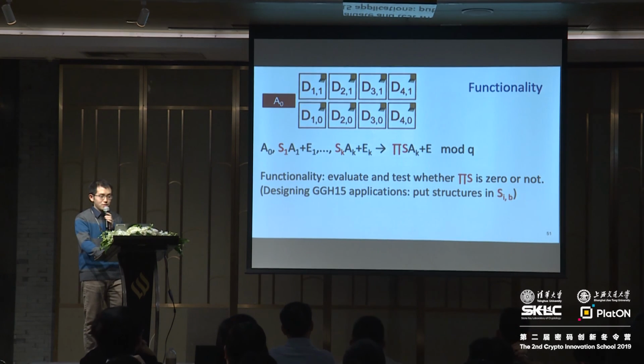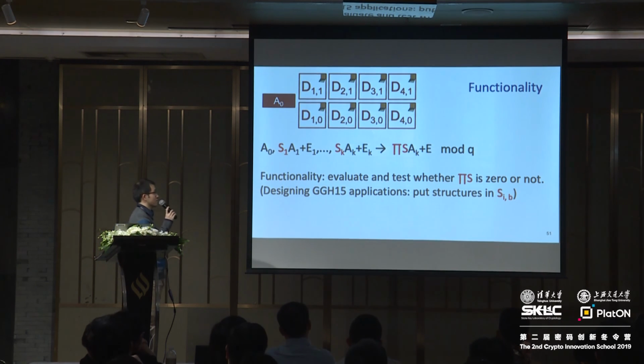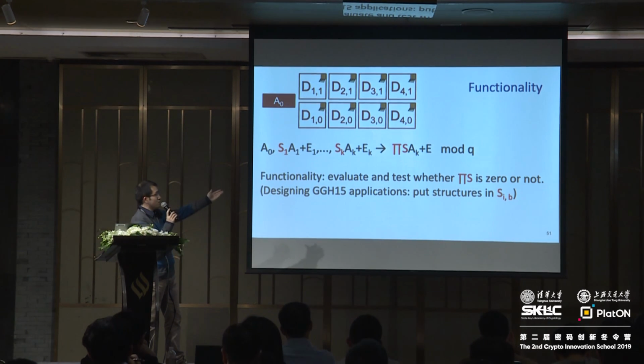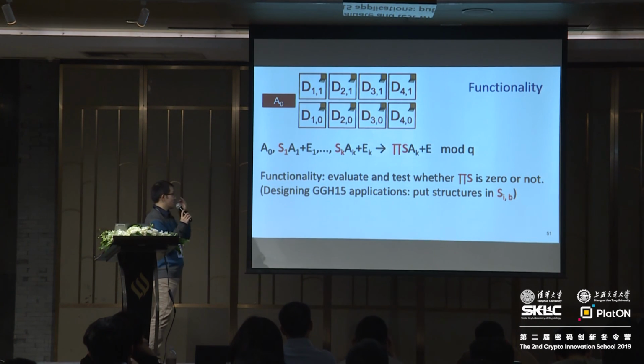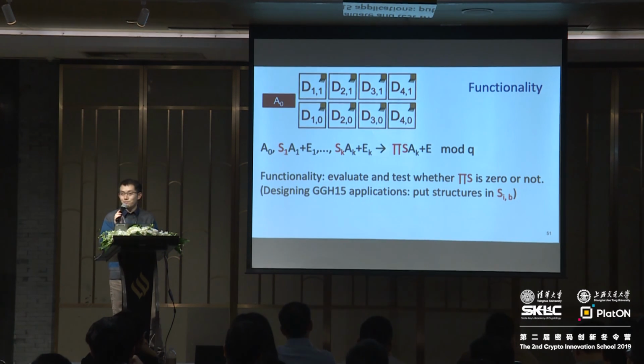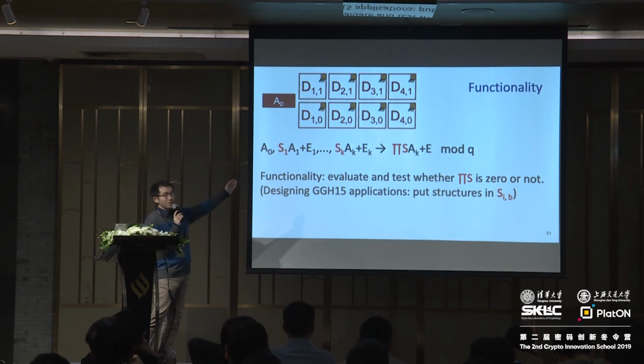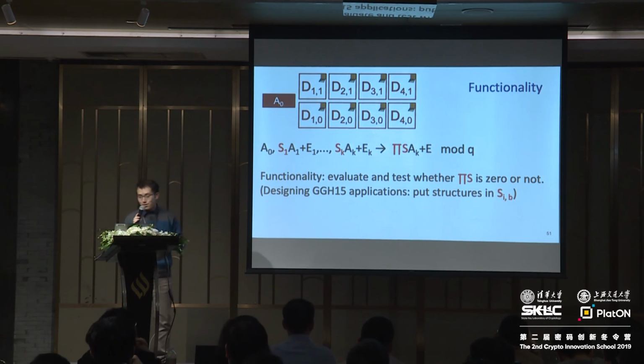All right. So right now I have briefly described the functionality of a multilinear map, and just to recall, the whole point is to evaluate and test whether the product of S is 0 or not. The interesting point, the technical ingredient of designing multilinear map-based applications, is that you are trying to put structure into the secret terms.